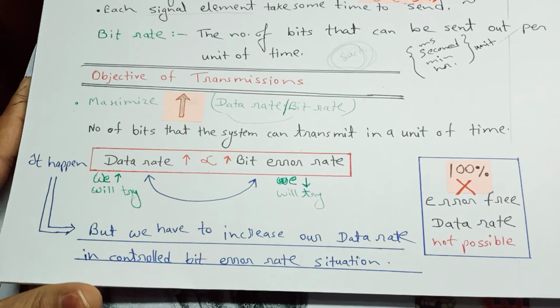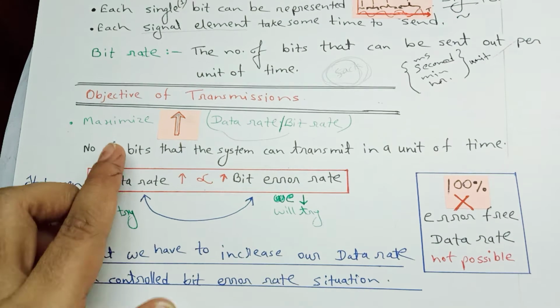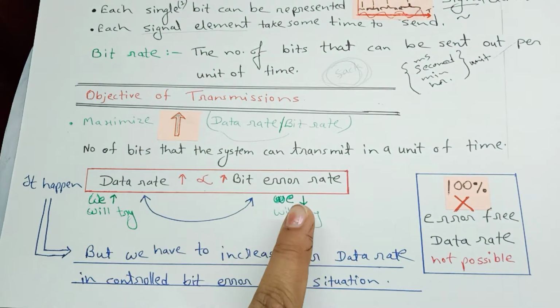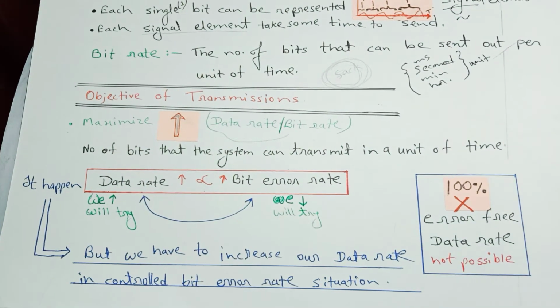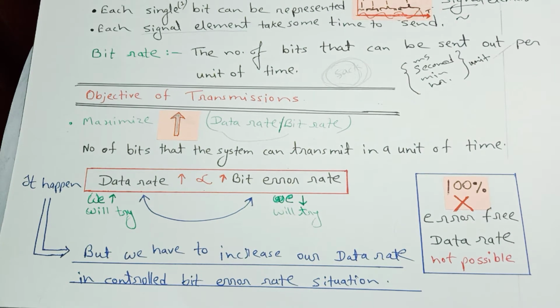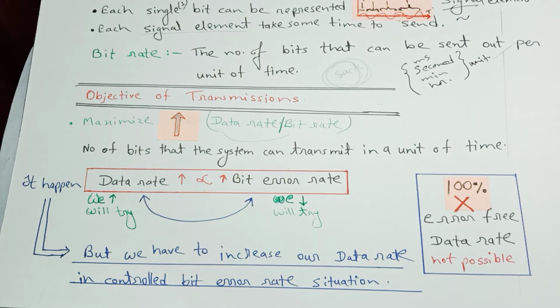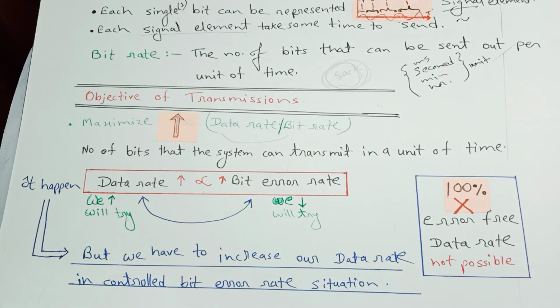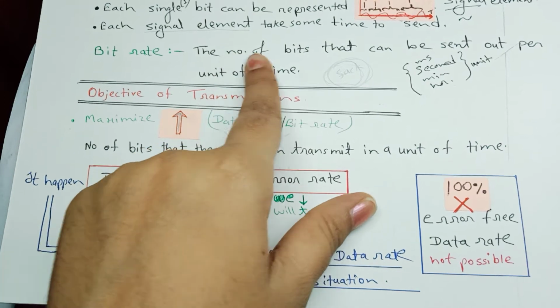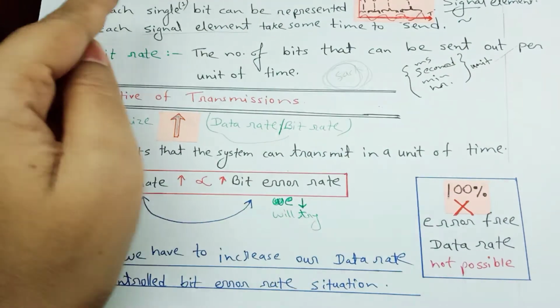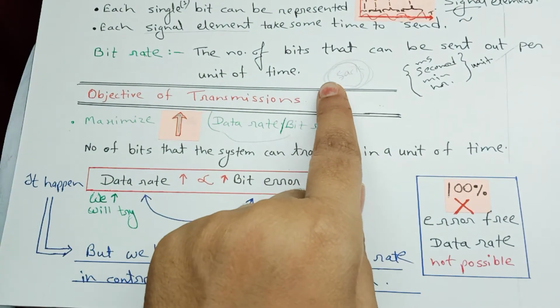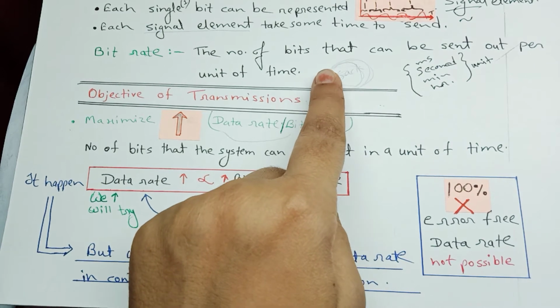The objective of transmission is to maximize the data rate, the bit rate. We have to observe that we want to maximize the data rate or bit rate, which means the number of bits that can be sent out per unit time must be increased.